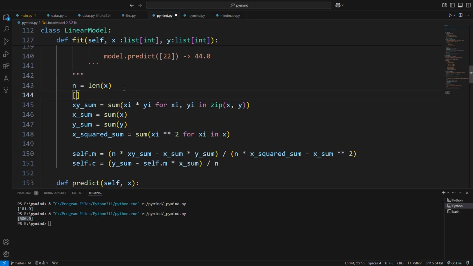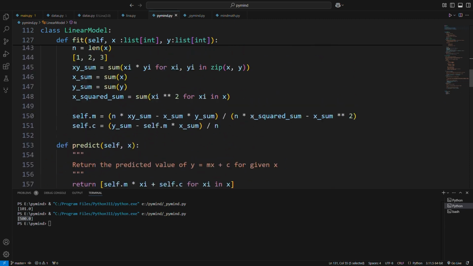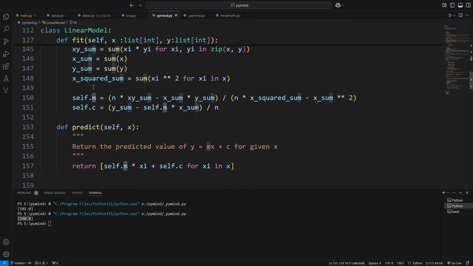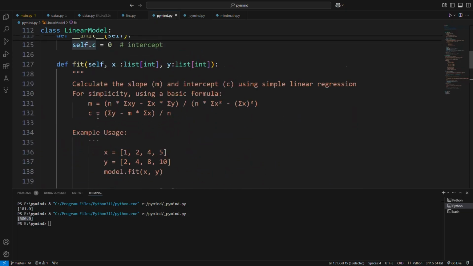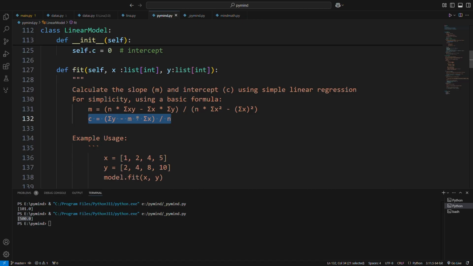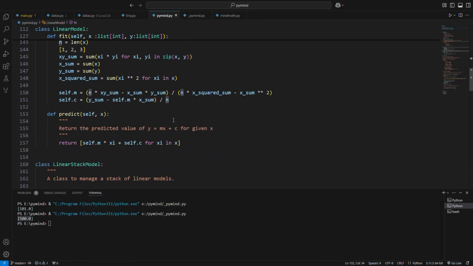Sum of x will be 6, to the power 2 for this sigma x whole square. Then this is our self.m, that is the slope, and then self.c, that is the intercept, sigma y minus m into, okay, I myself forgot these formulas, but okay, it works.